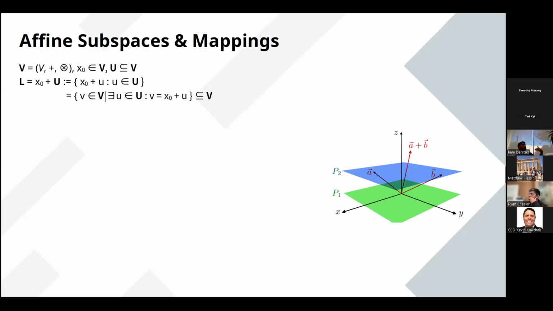It's just a transformation by a vector, so it doesn't go through the origin. X0 in this case is called the support or translation point, and U is the direction or direction space.